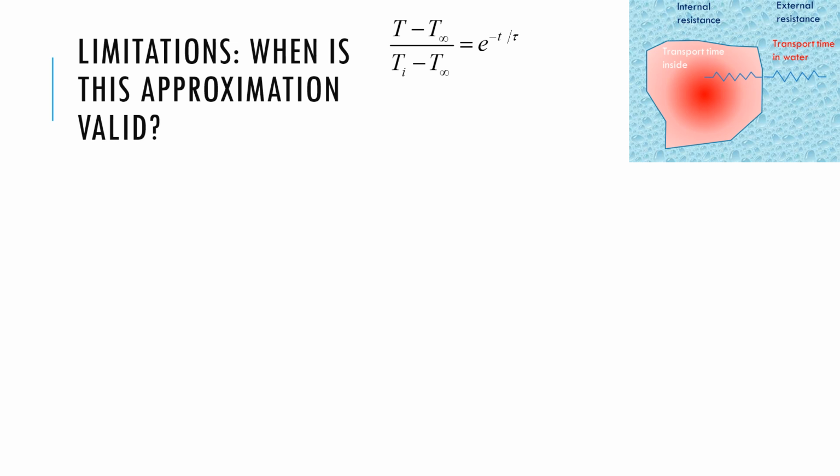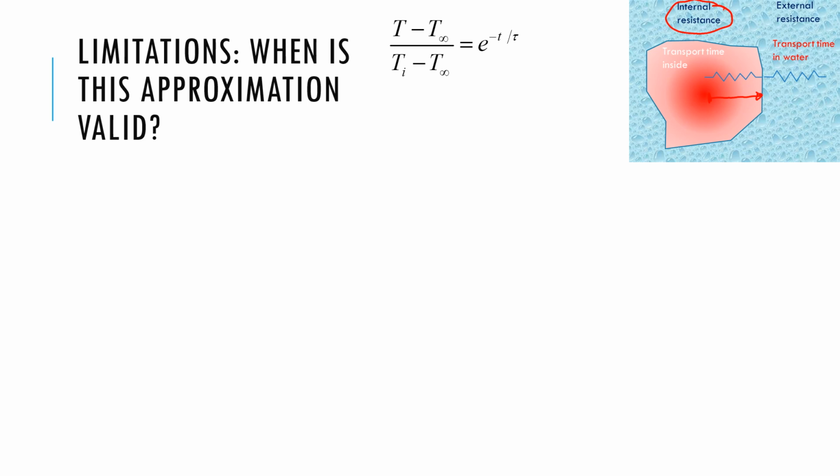We said that there is no internal resistance, meaning heat conduction from the center to the surface is fast enough, either because it's very thin or it's highly conducting and so on.